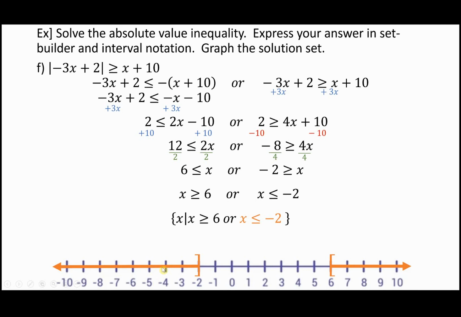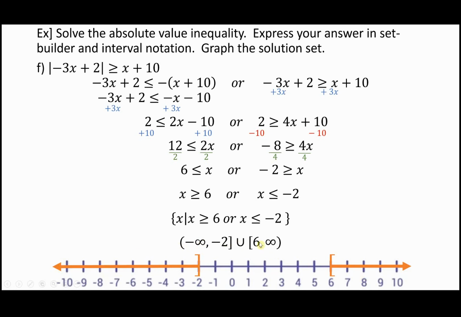Okay, so unify those two sets. I am starting from the depths of negative infinity going all the way up to negative 2 and including the endpoint, and then I'm going to unify that with starting at 6, including 6, and going all the way to positive infinity. So that's how I'm getting this interval notation here.